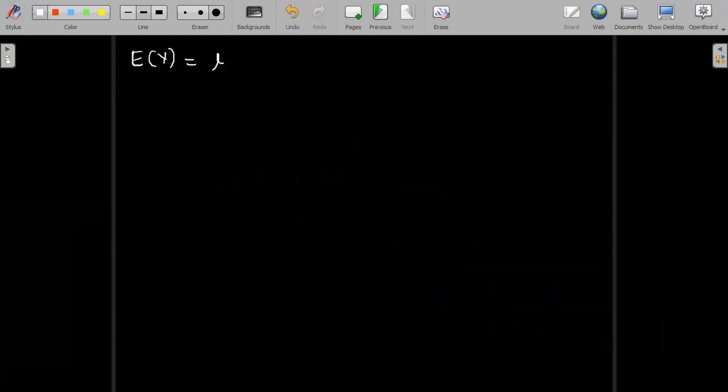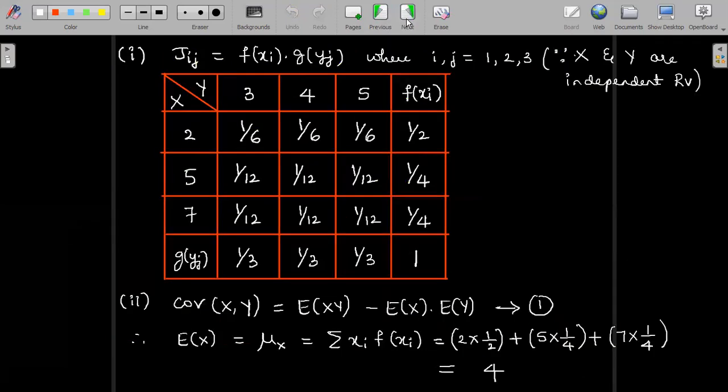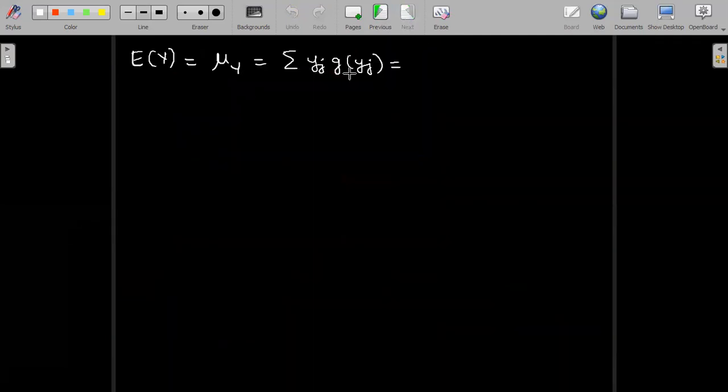E of y, mu y, is summation yj into g of yj. Again, looking into the marginal distribution of y, it is easy for us to evaluate this. Every y is multiplied with its probability.